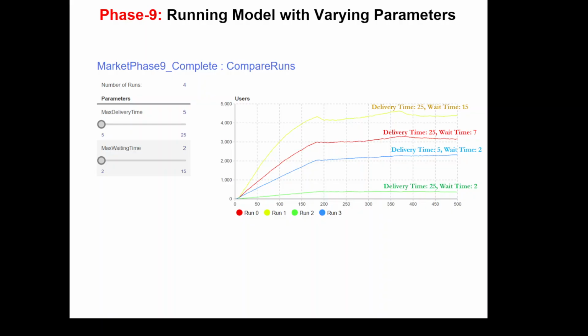Now we are going to end this tutorial right here, but in the upcoming video we are going to add market competition. That is, we will have two companies with two products, A and B, and we will see how these companies compete with each other for the adoption of their product.